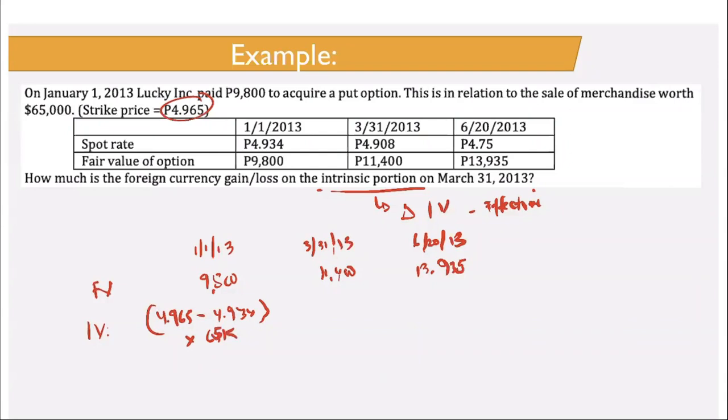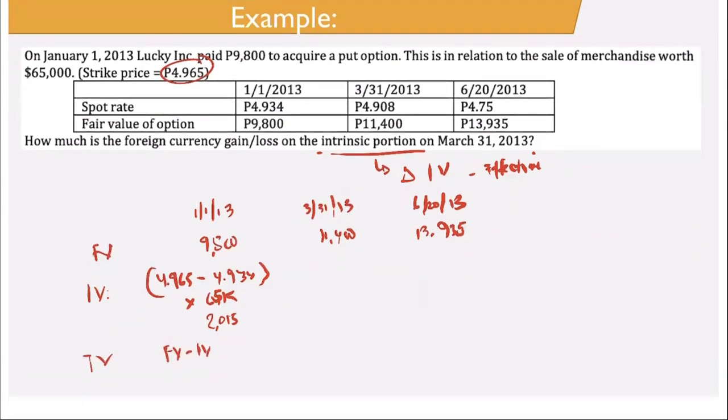How much then is our intrinsic value on January 1? 4.965 less 4.934 times 65,000, we have 2,015. So what is our time value? Our time value is equal to fair value less intrinsic value. Our fair value is 9,800, our intrinsic value is 2,015. 9,800 less 2,015, we have 7,785.